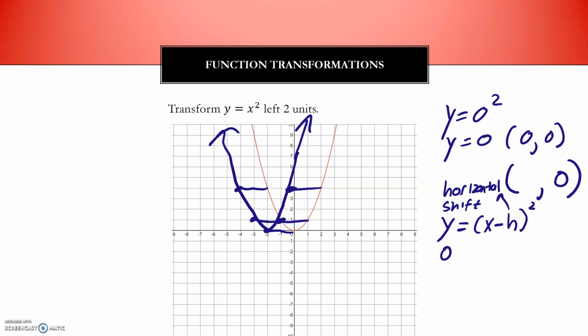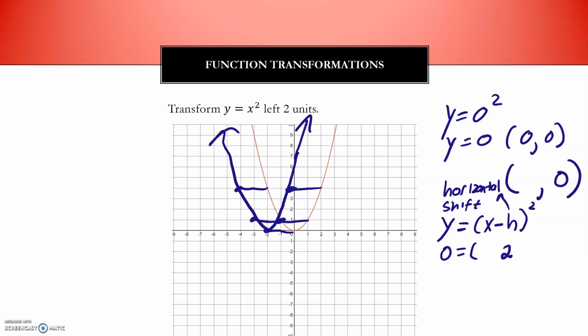I know that I should have the 0 for my y, and I know that for this, well, let's think about this. I need it to go over 2 spaces to the left. Well, that leads me to believe that should be a 2, right? You would think.